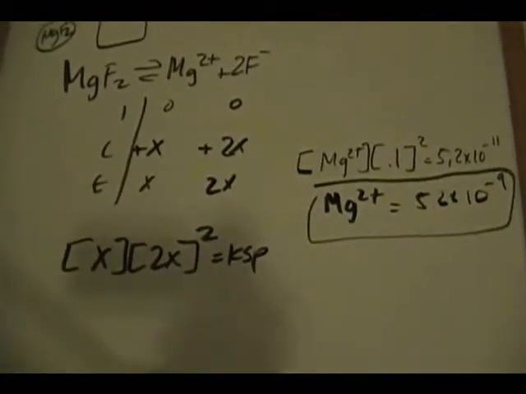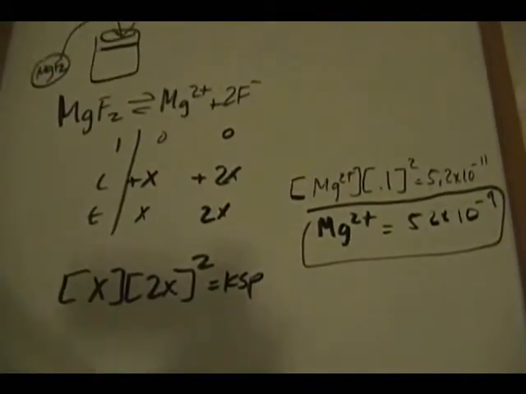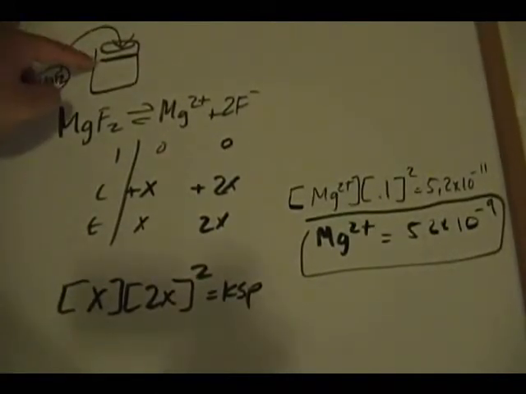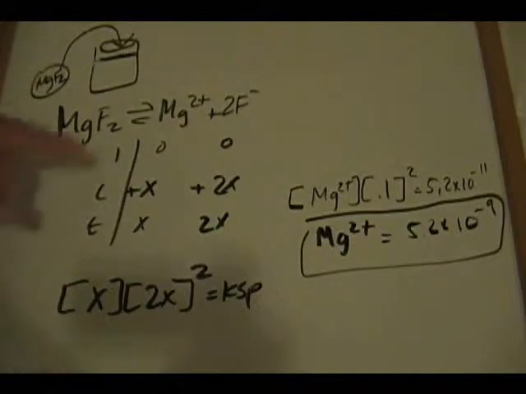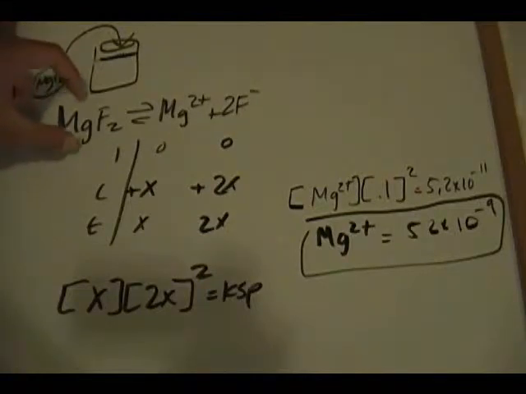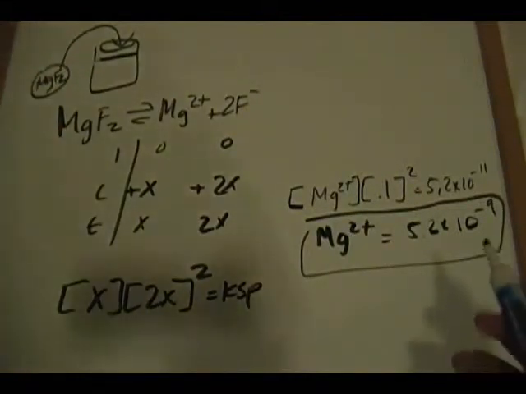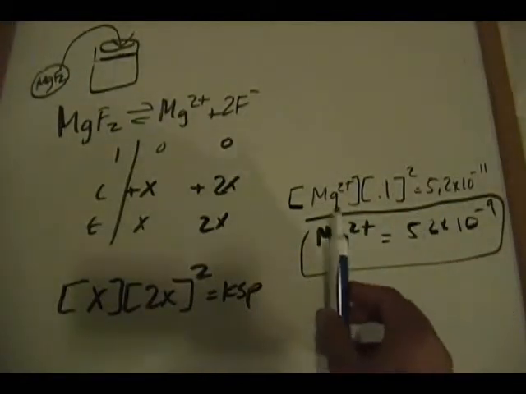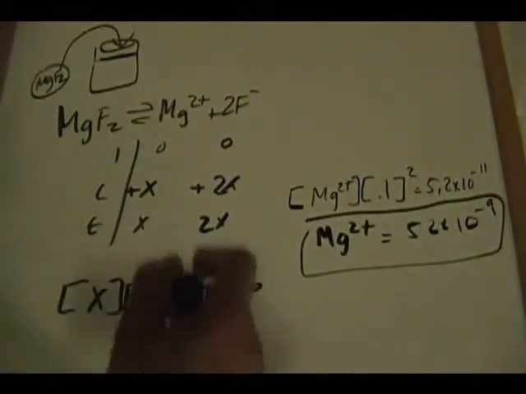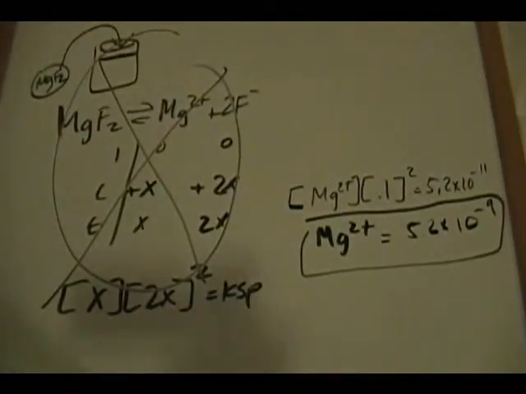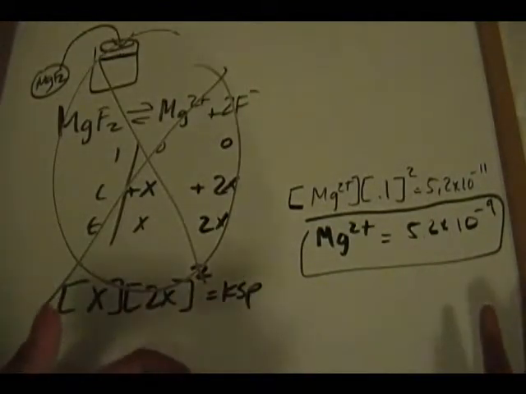You get this picture in the diagram. Then it starts to dissolve to generate these ions. Again, these ions are based off of this magnesium fluoride dissolving. So this whole thing does not apply to our situation. Our situation is very unique.